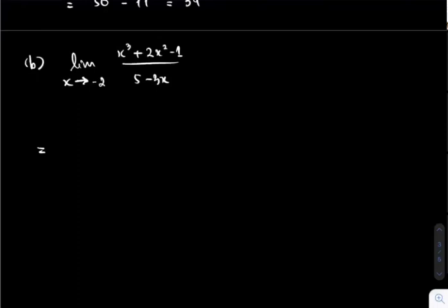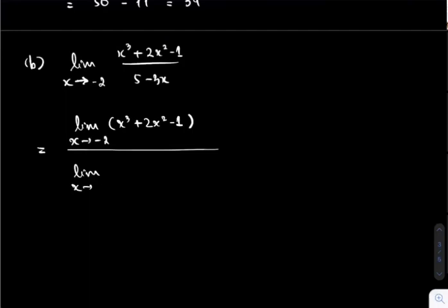So what you can do is take the limit of x cubed plus 2x squared minus 1 as x approaches negative 2, divided by the limit as x approaches negative 2 of 5 minus 3x. Once again, this is the quotient law: the limit of a quotient is the quotient of limits.